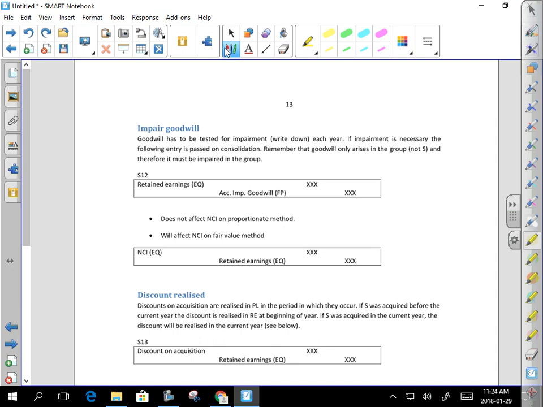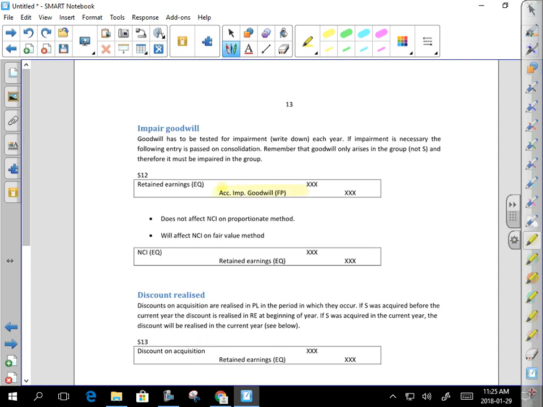Just out of interest, in terms of IAS 36, which we do in the IFRS paper, I will teach you how to test goodwill for impairment. In this group's paper, they're not going to cross the 2 over. So they will tell you or give you the means to work out whether or not goodwill needs to be impaired.